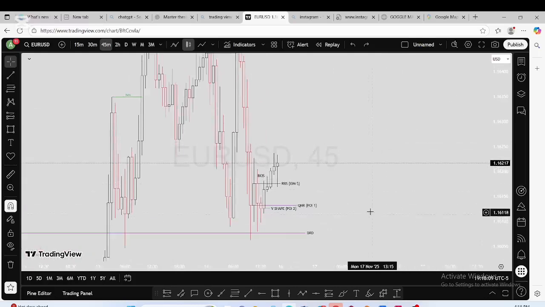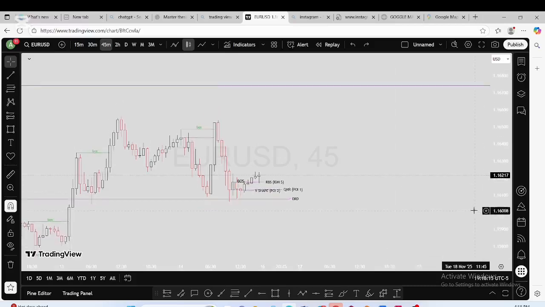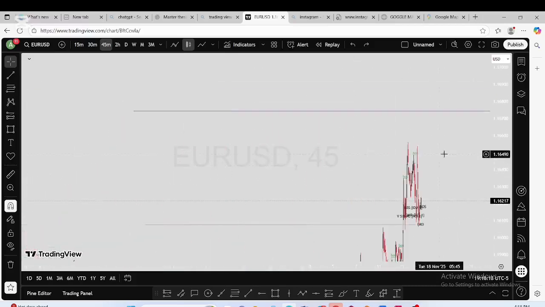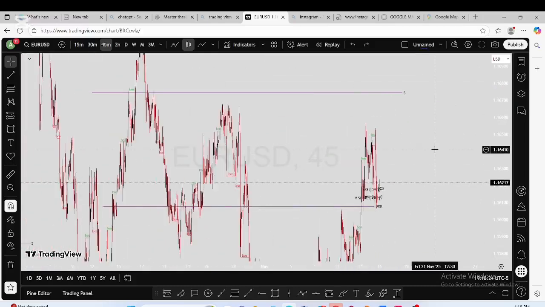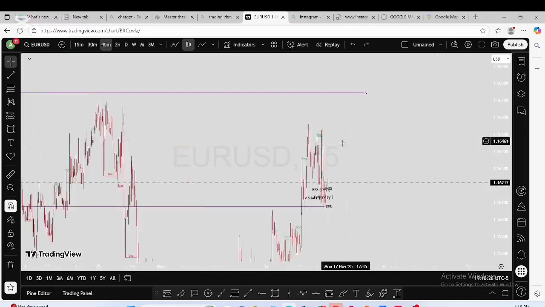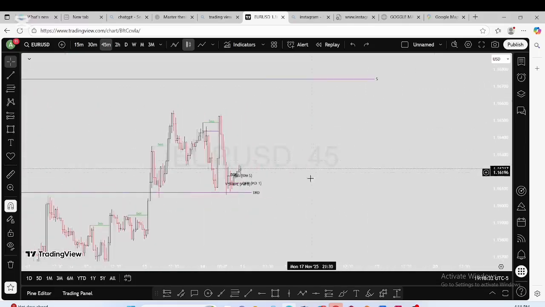Now if you want to put my point of interest, my entry will be where? Remember that we have one level here as our first liquidity. We're expecting price to come all the way to this level. I don't know if you understand what I'm saying.